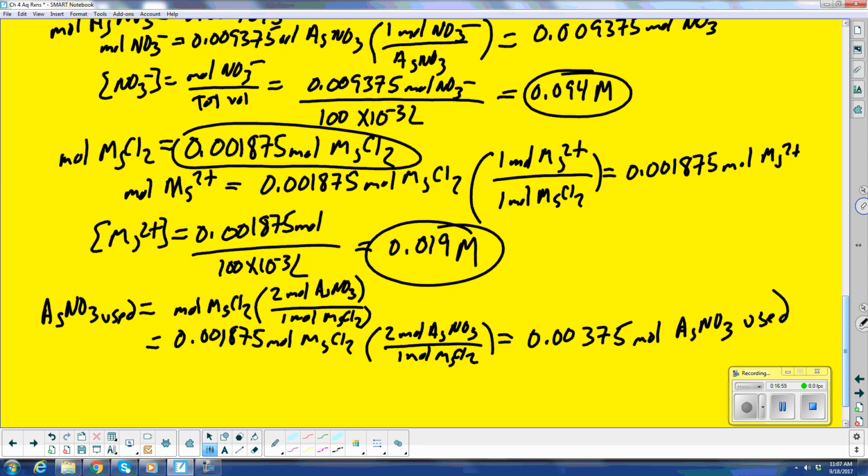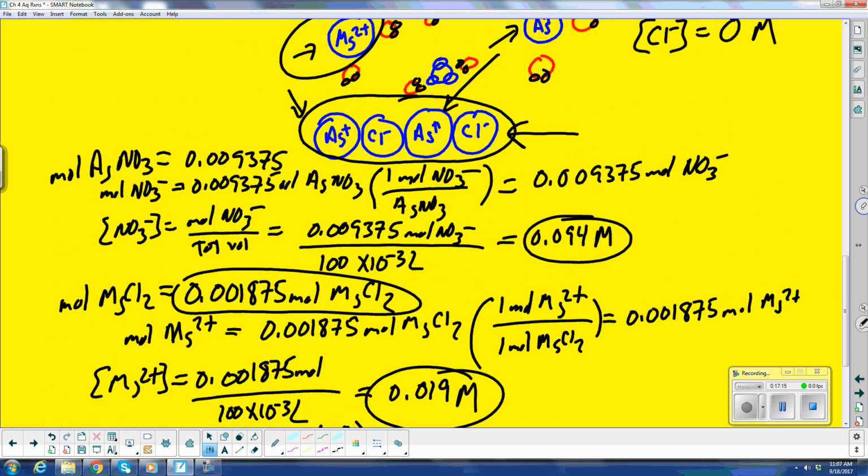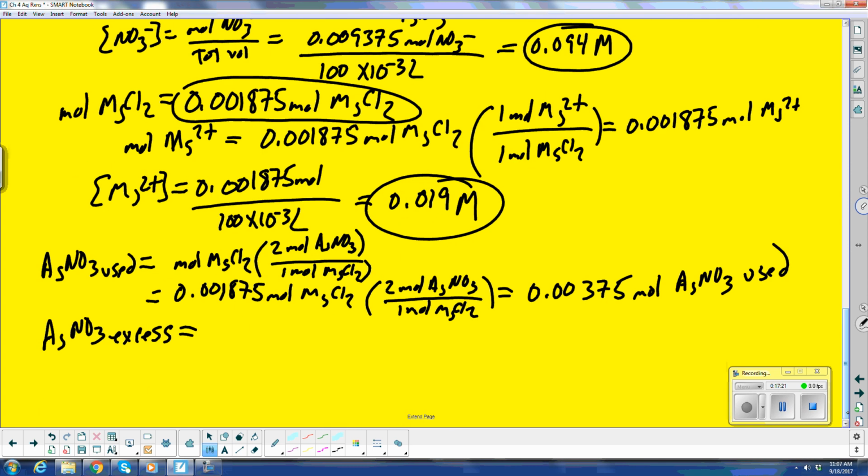So how much excess AgNO3 do I have? Well, I'm going to take my original amount. What's my original amount? My original amount is right up here, isn't it? My original amount of AgNO3 is 0.009375.